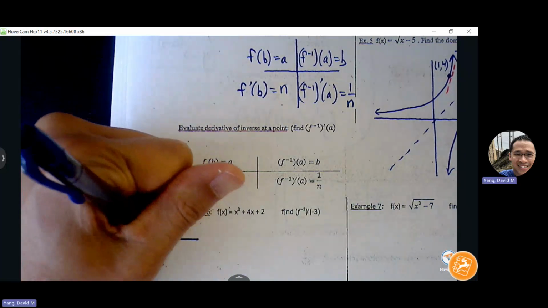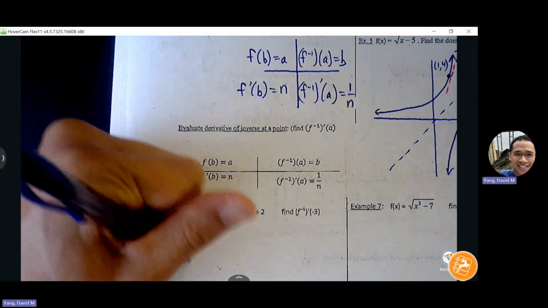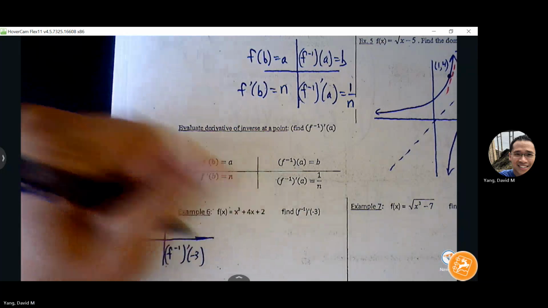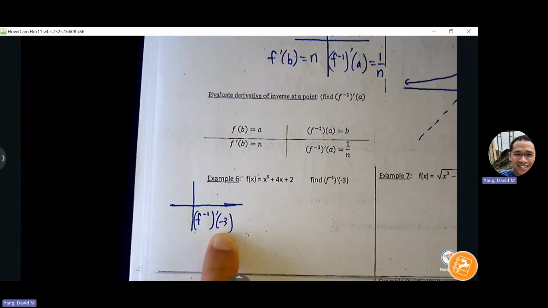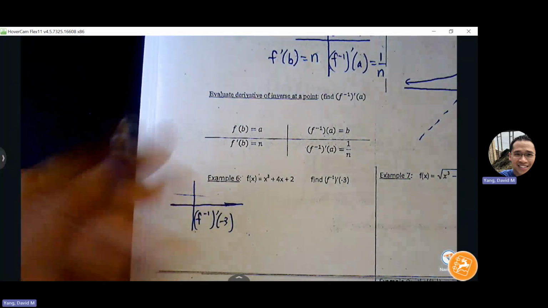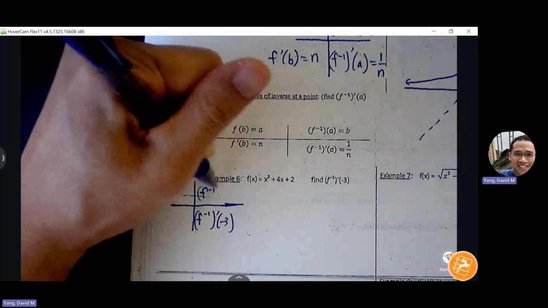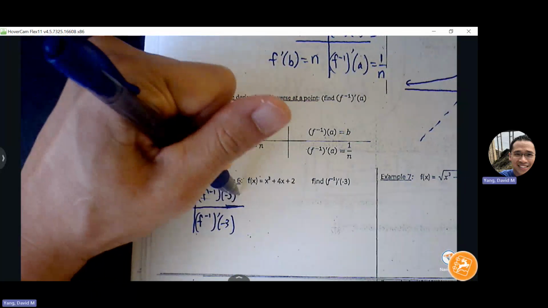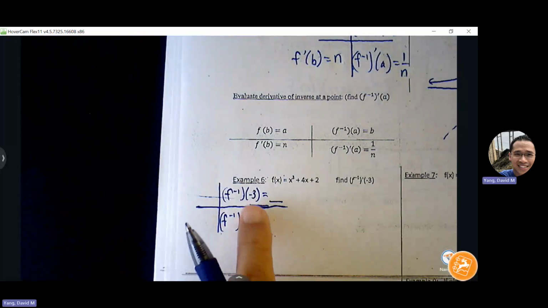I know I'm looking for the slope of f inverse at -3. So if -3 is the x value of the inverse, in the first row I'm going to list out all my ordered pair information. So f inverse at -3 is equal to, I don't know what the y value is, but I do know that -3 is the x value.